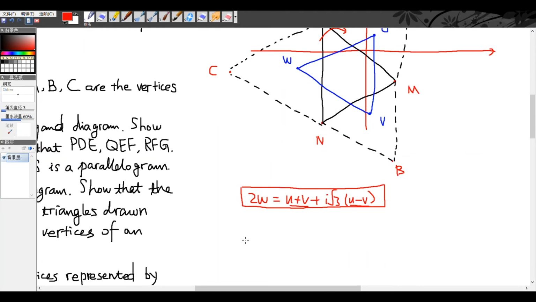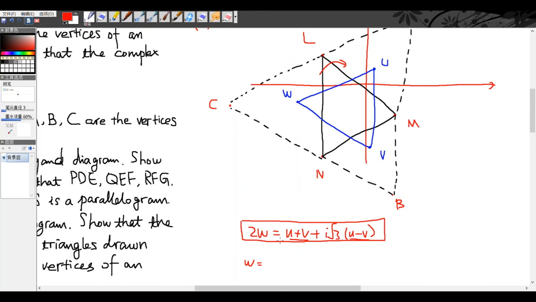We will have w is equal to 1/3 times L plus n plus c, and I will move the 1/3 factor to the left hand side, which gives us 3w is equal to L plus n plus c.